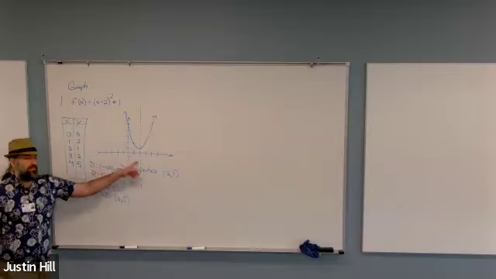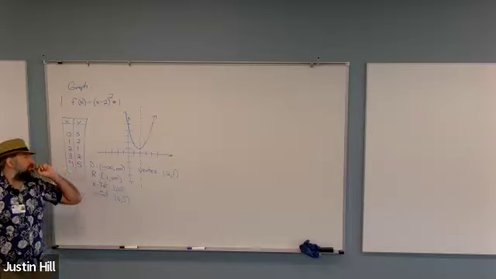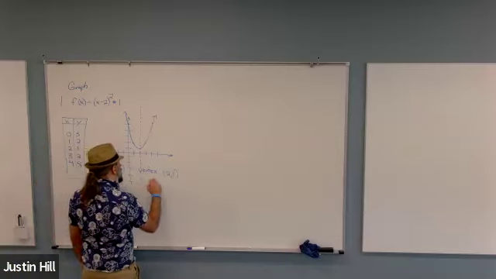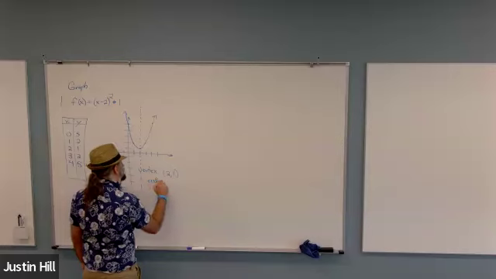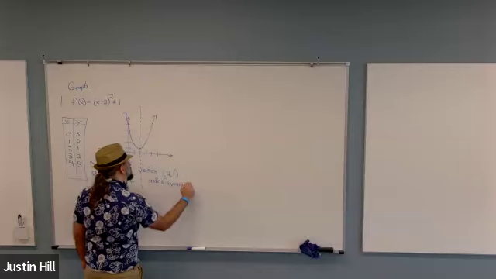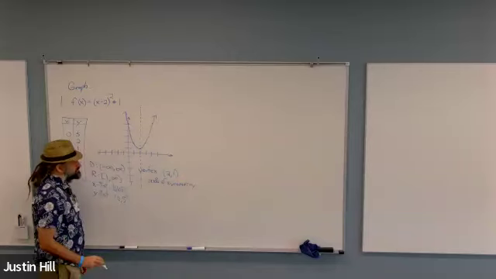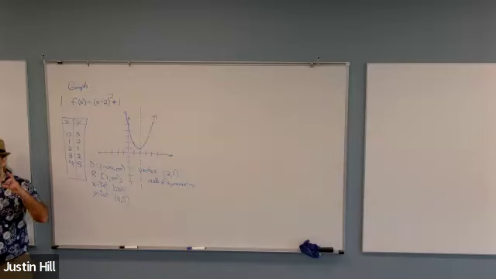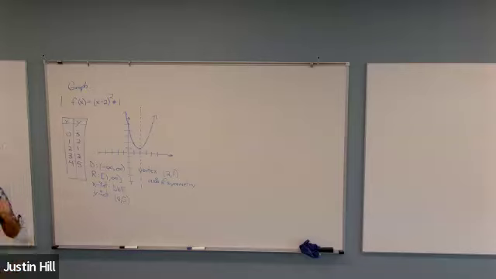There's a name for this line. This line is called the axis of symmetry. Axis is just a fancy word for a line that you rotate or have symmetry across.